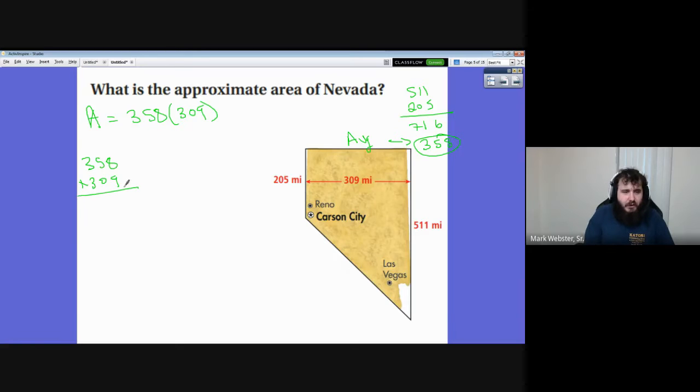So we've got 9 times 8 is 72. 9 times 5 is 45, plus 7 is 52. 9 times 3 is 27, plus 5 is 33. This is a 0, so we don't have to worry about that. Now we're going to do the hundreds. So 2 zeros down here. 3 times 8 is 24. 3 times 5 is 15, plus 2 is 17. 3 times 3 is 9, plus 1 is 10.